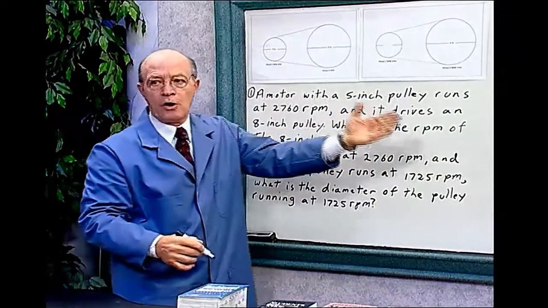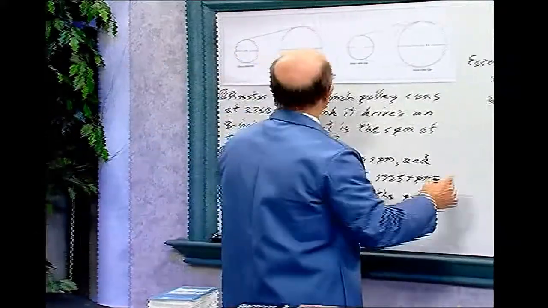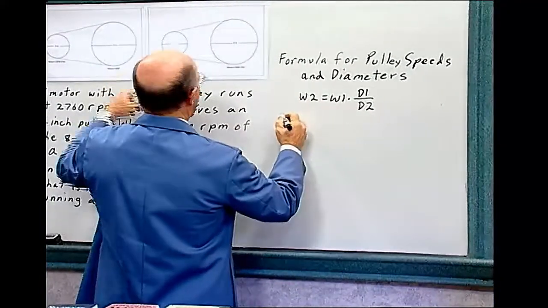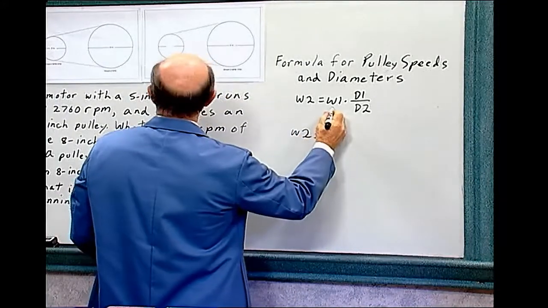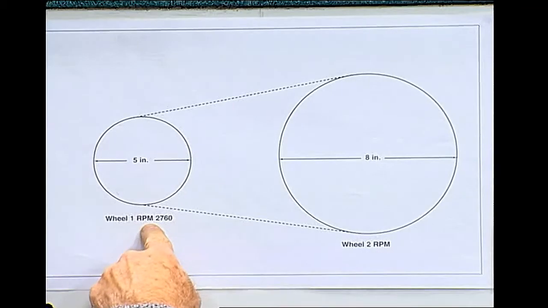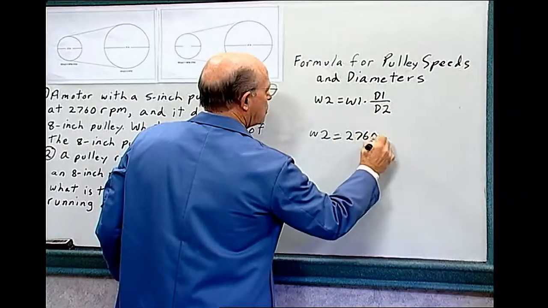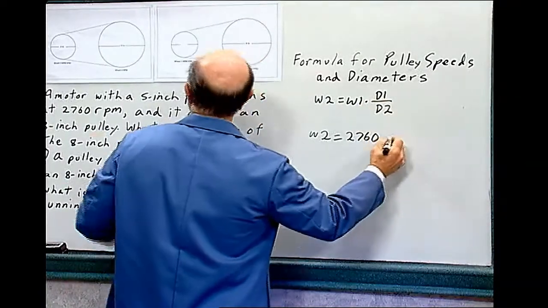Now let's go to this formula and just plug in the numbers and solve the problem. So W2 equals, that's what we want to find out. So W2 equals W1, the wheel 1, and that's the RPM, is 2760 multiplied by diameter 1.